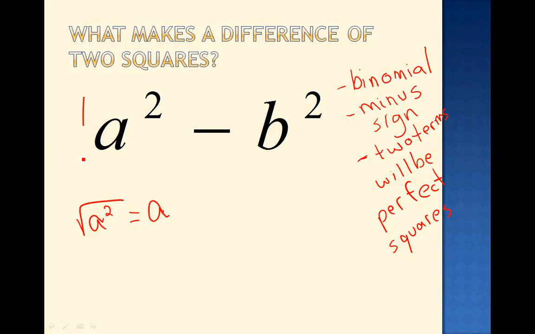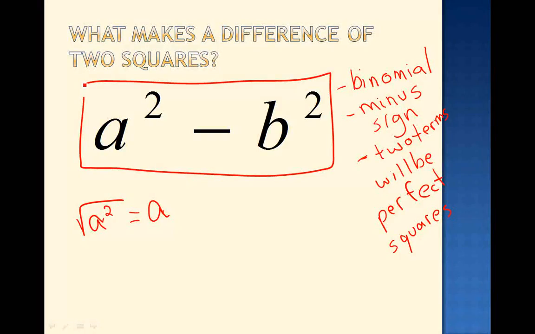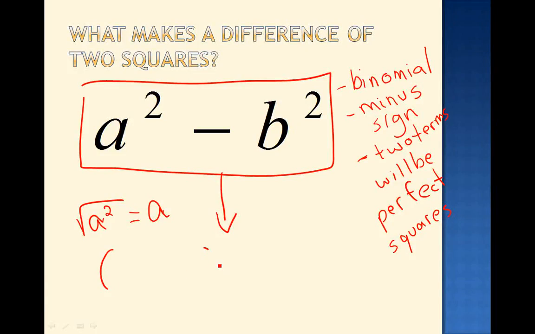So now for this model, if we were going to factor that as a difference of two squares, that would factor in a very particular way. The square root of a squared is a. We've just demonstrated that here. And I would have my two a's, and they would go in the front part of both sets of my parentheses. The square root of b squared is a single b, and that would go in the back part of my two sets of parentheses.